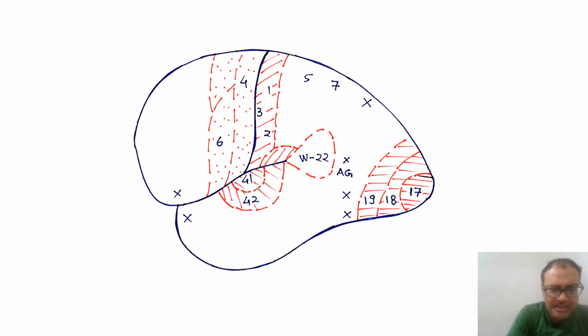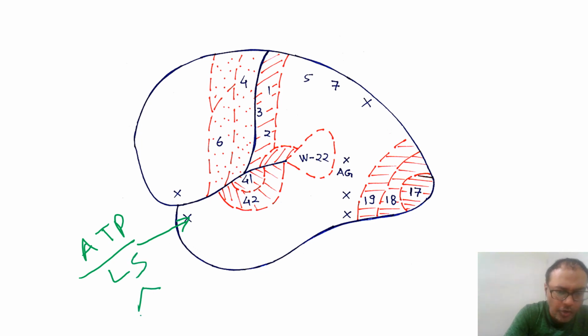Function number 5 is of this part, the anterior temporal pole, and this is part of the limbic system. So it deals with all types of emotion and behavior along with memory, learning also, and smell or olfaction also.